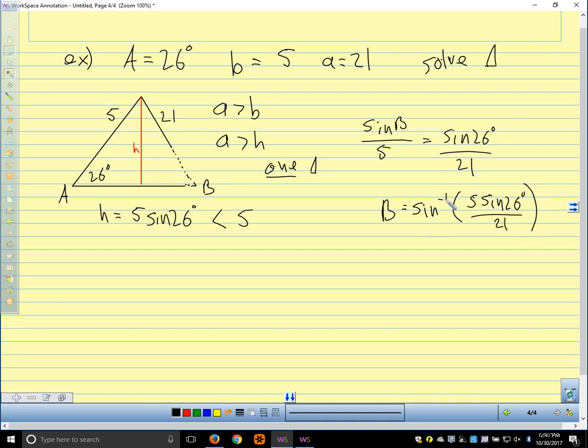Solve for sine B and then take the inverse sine, et cetera. This is exactly like the problems we worked on Friday. I would find angle B, find angle C, and then use law of sines to find side c. So we could find the rest of our information there.